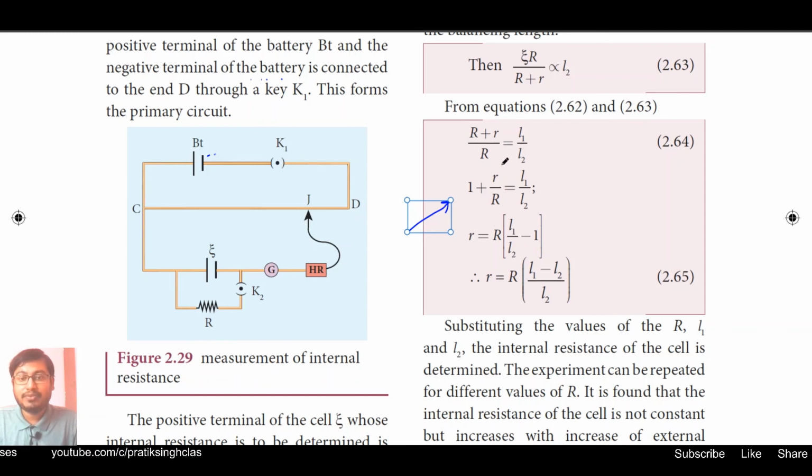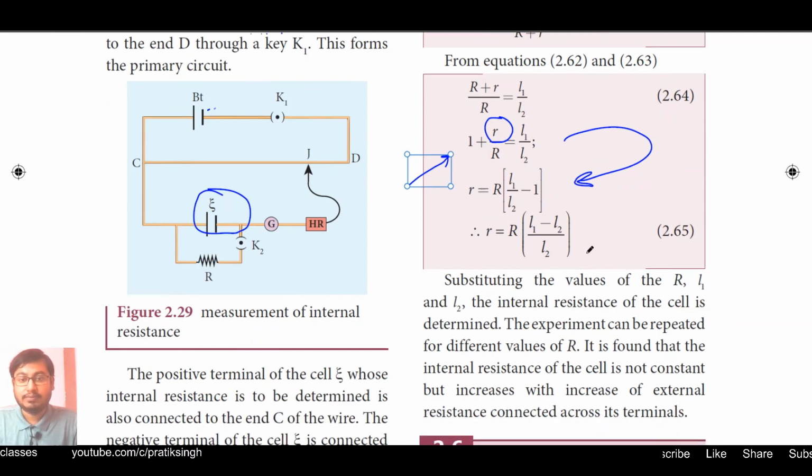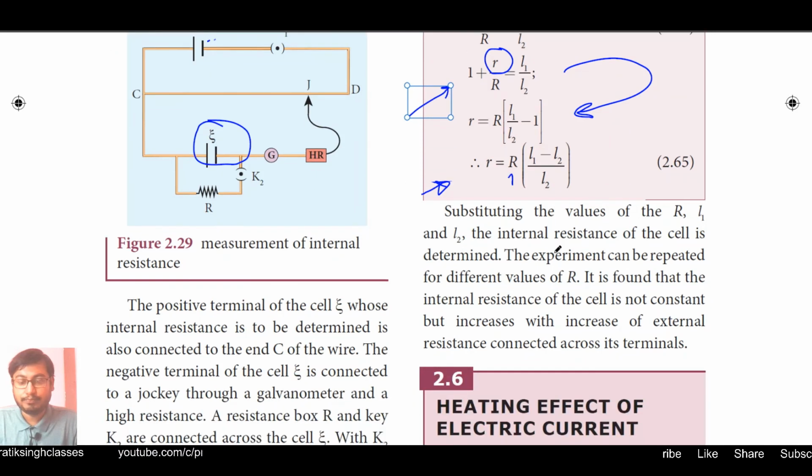We have to find the value of small r, that is the internal resistance of the cell Xi. Just by taking things from one side to the other, we have small r is equal to capital R into L1 by L2 minus 1, or small r, the internal resistance, is equal to external resistance R multiplied by balancing length L1 minus balancing length L2 by balancing length L2.